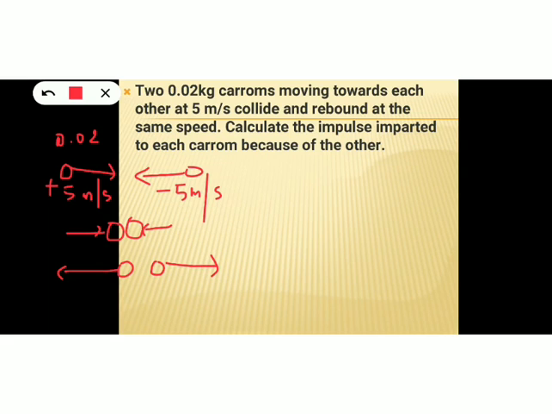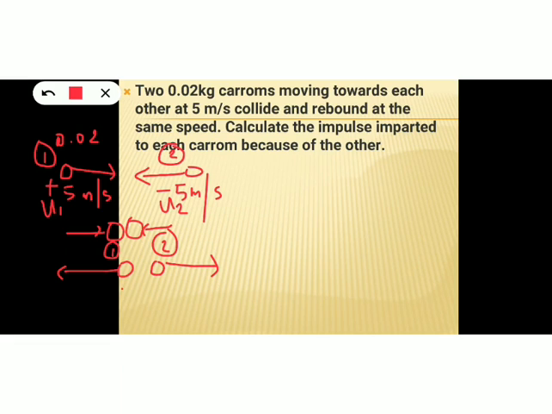Rebound means they rebound with the same speed. Let this be our first carom, let this be our second carom, and let these be the initial velocities of the first and second carom, because this is the case before collision. After collision both the caroms rebound with the same speed.